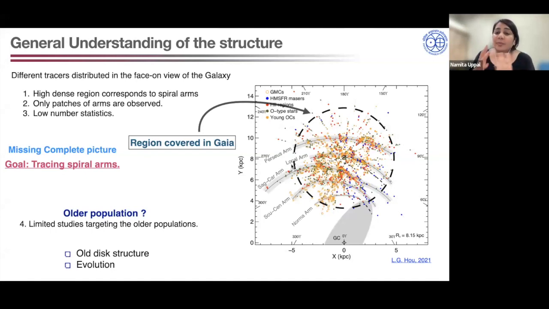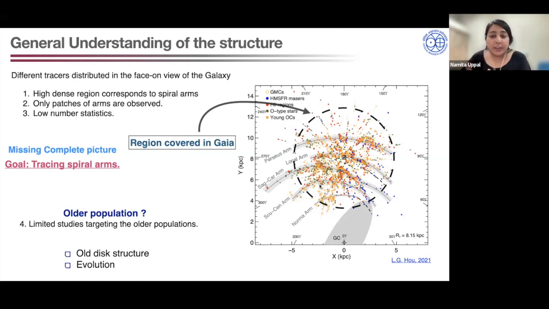So the goal of my thesis, or the work that we were doing, was to trace the spiral arms of the galaxy. Here I wanted to emphasize that all these traces placed here belong to the million-year population, the younger population. But our galaxy also has an older population. How are they distributed? There are very few papers in the literature where people have targeted the older population.